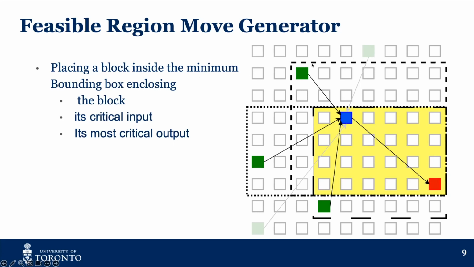So we are trying here to find the intersection of the different bounding boxes for the different critical inputs for this block. Each dotted line is a bounding box of one critical input, the block, and its output. And then the yellow highlighted region is the intersection of all these boxes, which is the feasible region for this block. So moving the block anywhere inside it should actually enhance the critical path delay.